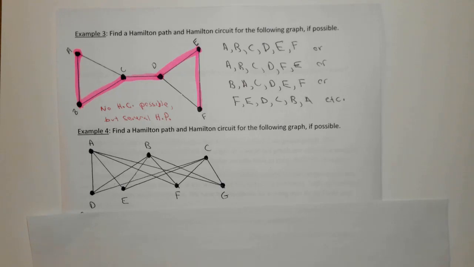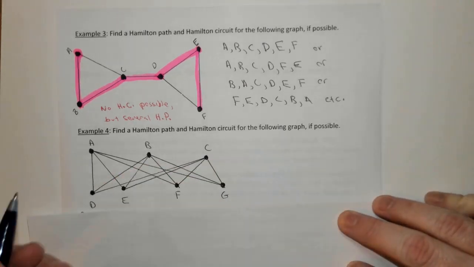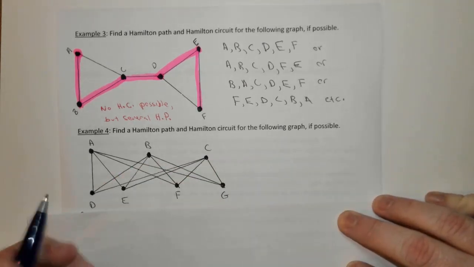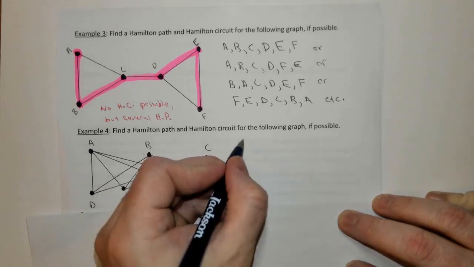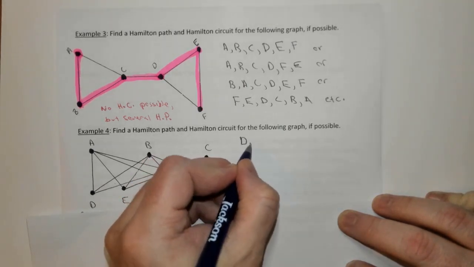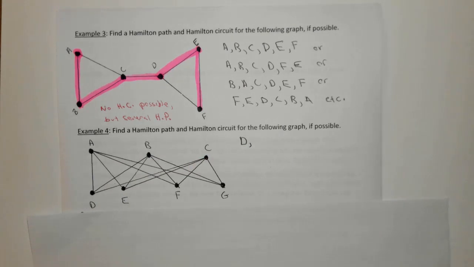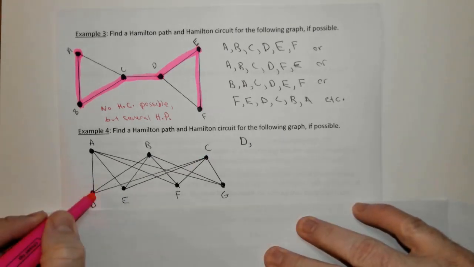Here they didn't tell us where to start. It won't matter. I always like to start at an endpoint if I have no idea. Since it seems like there are more vertices on the bottom, I'm going to start at D. Try to start at a different one, see if you can also do this.